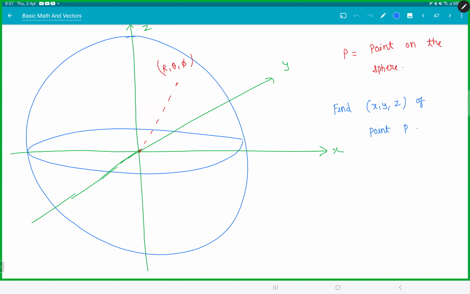How do we get X, Y, Z coordinates for this? R cos theta, R sin theta. No, Arya, that is not the answer. No, Shreyans, it won't be.